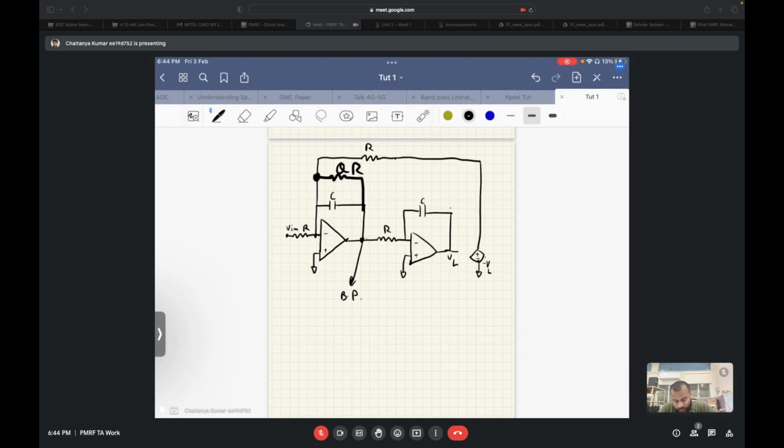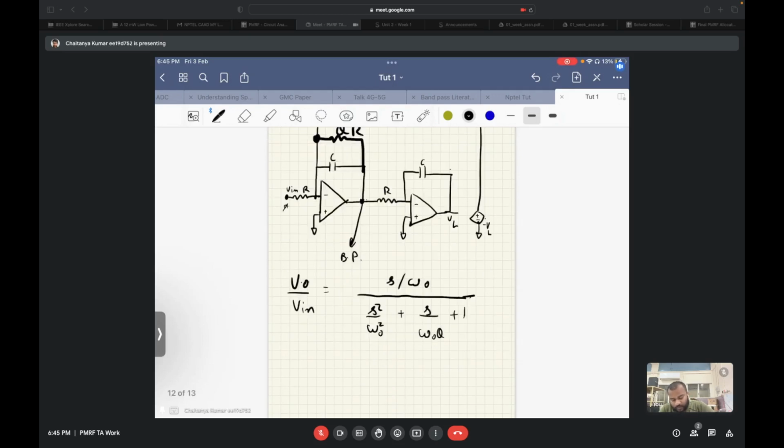So we have the band pass node over here. If we try to find the transfer function from Vin to the band pass node, we get the following transfer function. So VBP, this point we will call the output. V out by V in we have as S by omega naught upon S square by omega naught square plus S by omega naught cube plus 1.